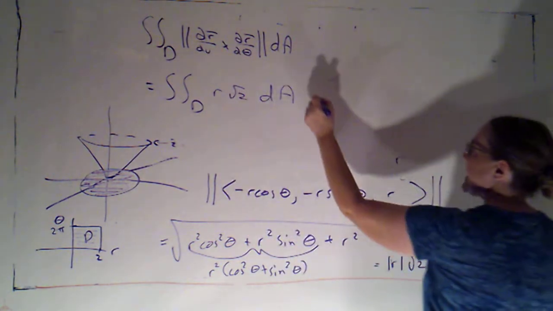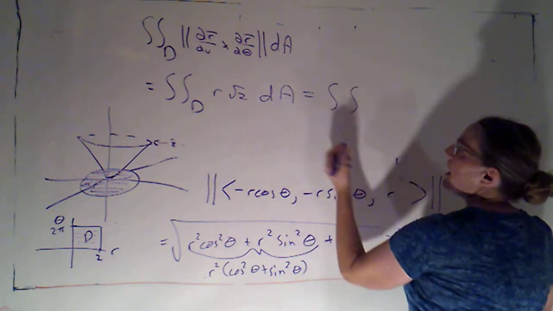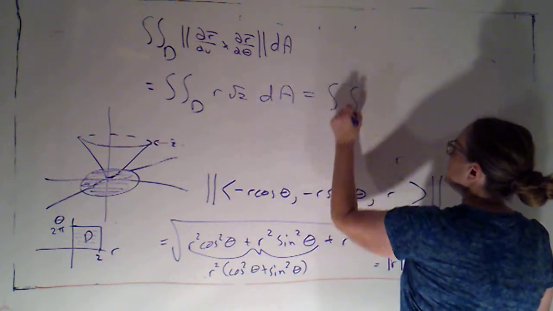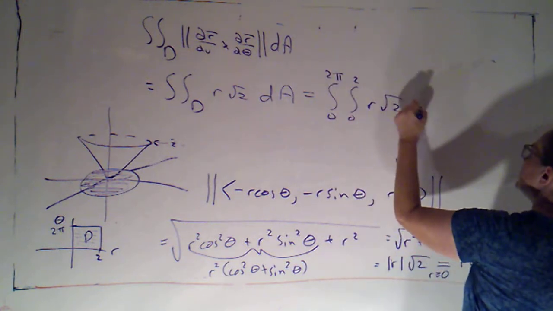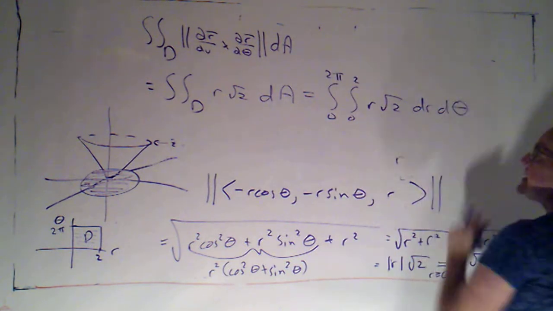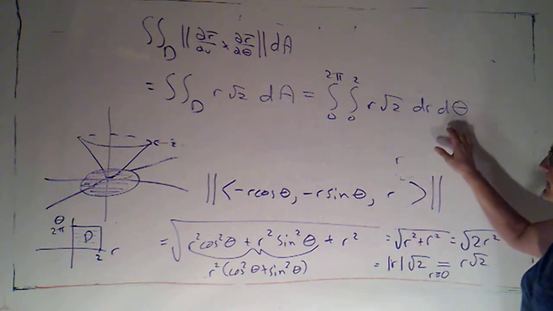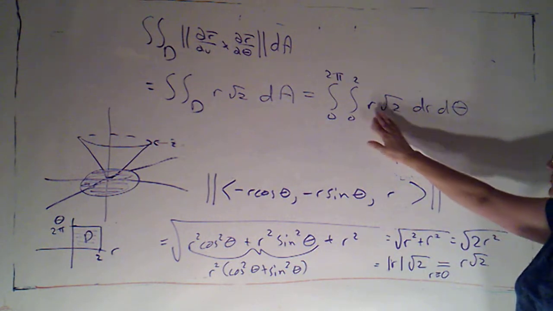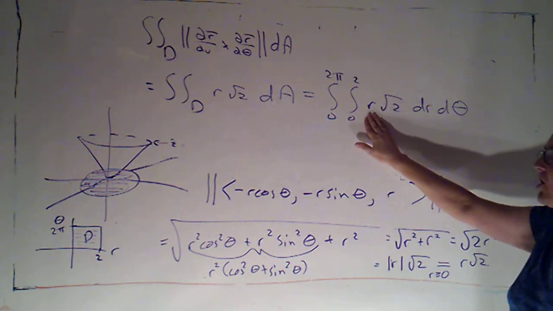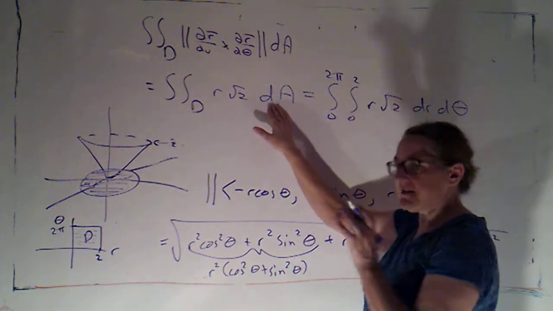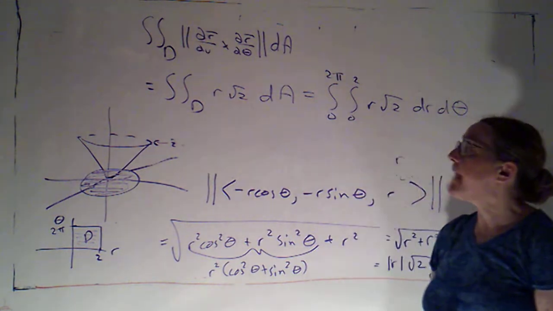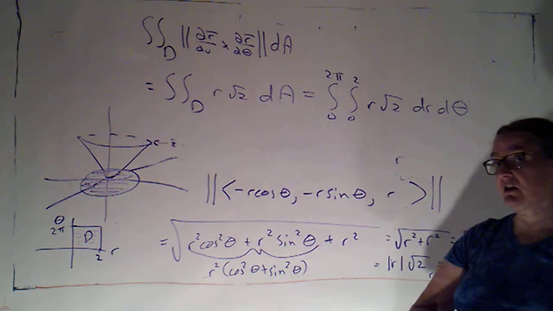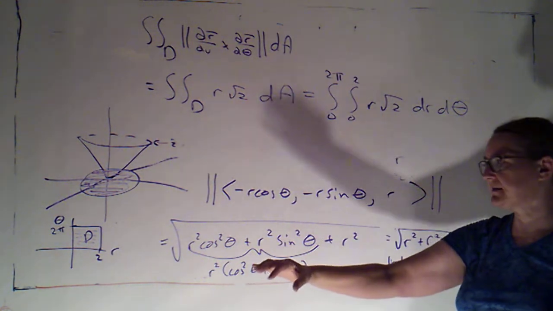And I can then write that as an iterated integral. r is going from 0 to 2, theta is going from 0 to 2 pi, r root 2 dr d theta. Now at this point, I sometimes see students want to throw in an extra factor of r, because they're thinking of dA, that would be r dr d theta. That would be if I was switching to polar coordinates.